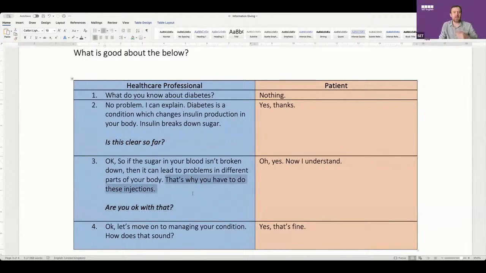So it's not just, do you understand that you have to do injections? No one likes doing injections, do they? It's a common thing that people don't like. Also, it's a new form of medication for this person to be taking, and it's something novel. Do you think you can manage that? Is it okay? How do you feel about it?